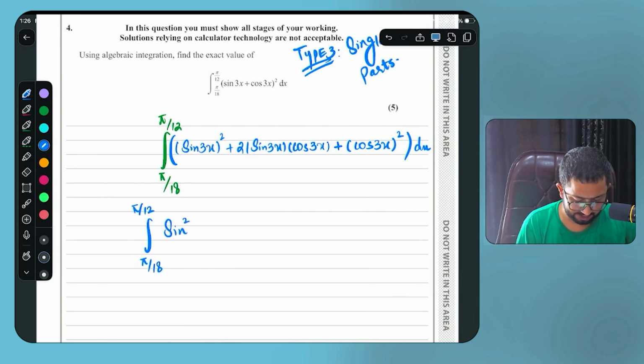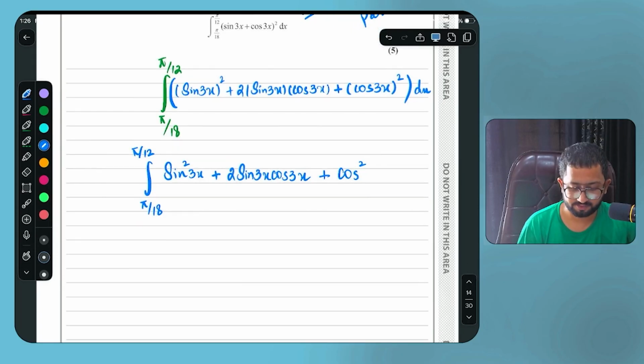That will become sine square 3x plus 2 sine 3x cos 3x plus cos square 3x.